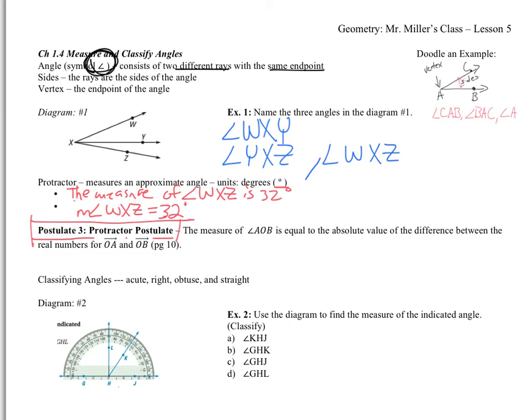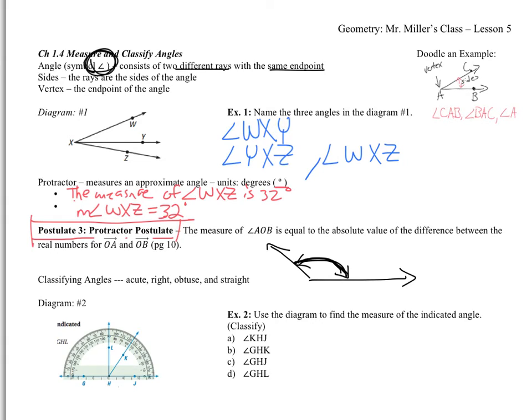So basically what this means is that if we have an angle and we have a protractor, this angle that we're going to measure here is going to be a positive number, and we can find it using a protractor.